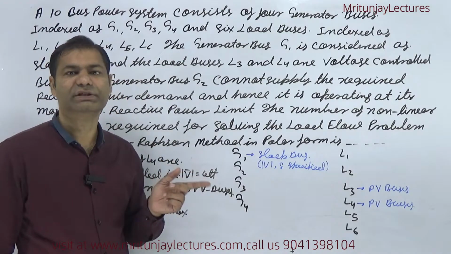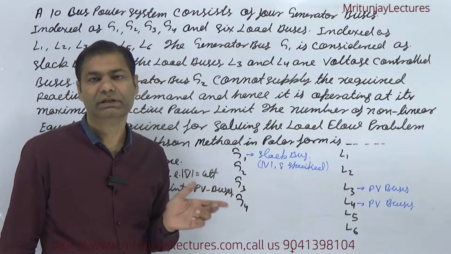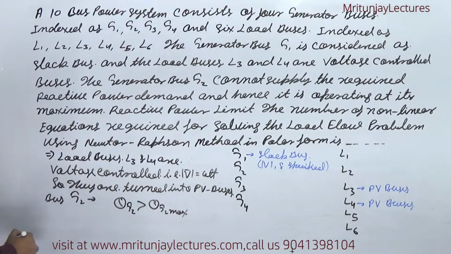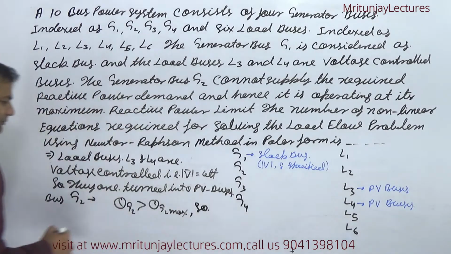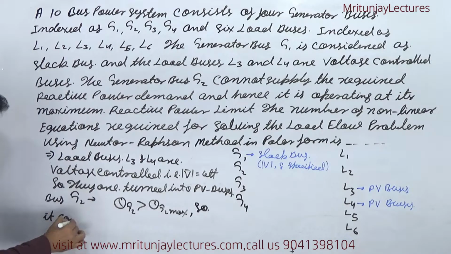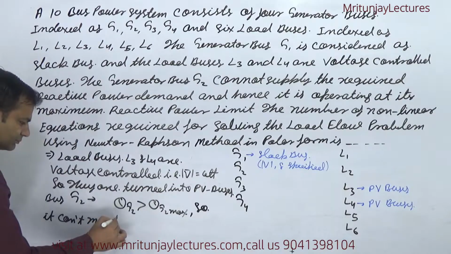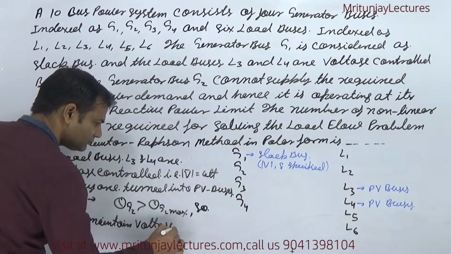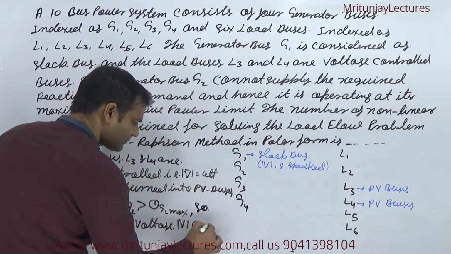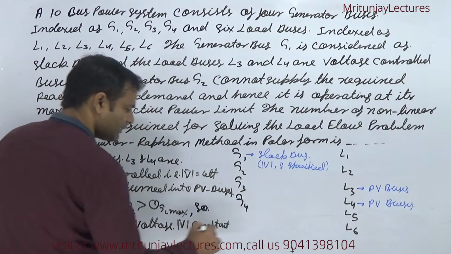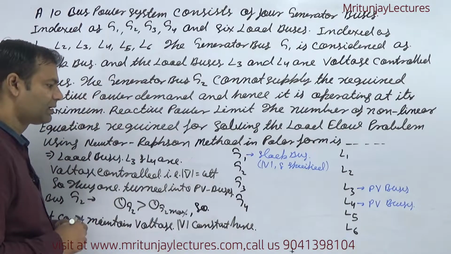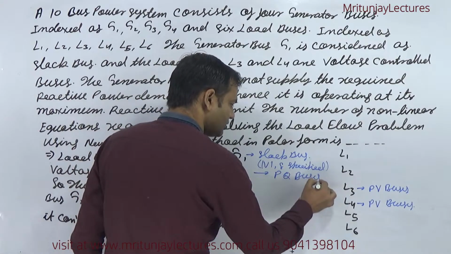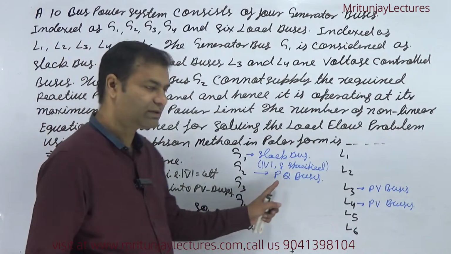If voltage is not constant, generator bus G2 is converted into a PQ bus, because it cannot maintain V constant.